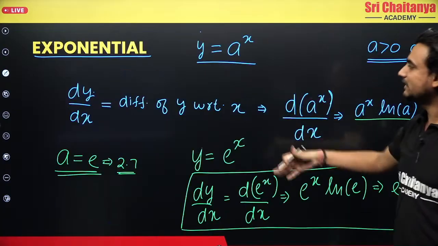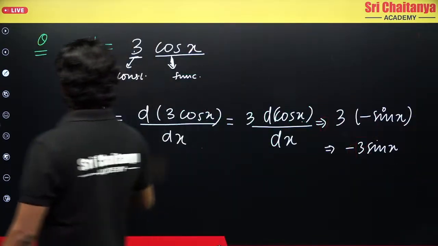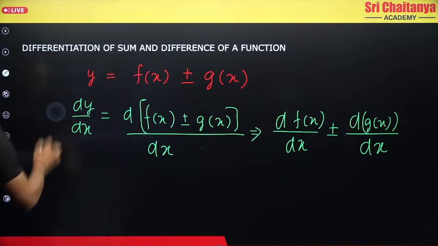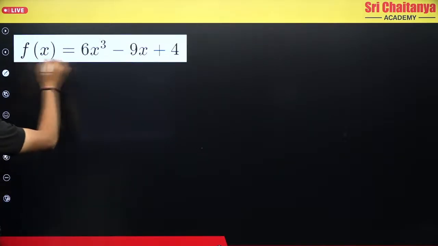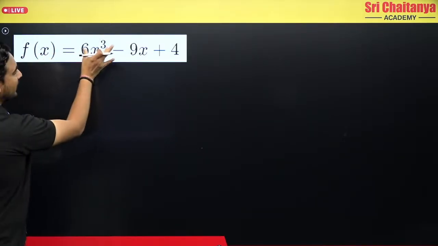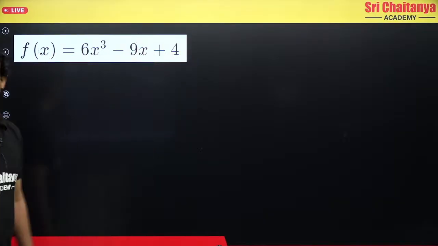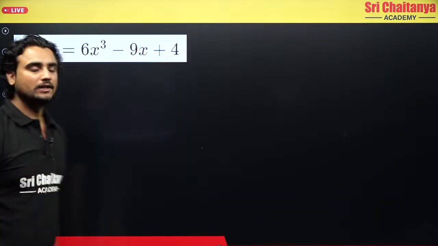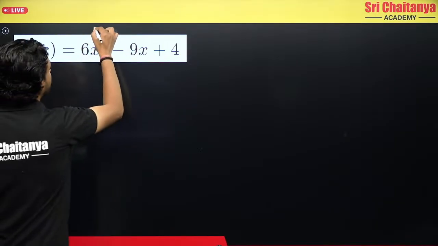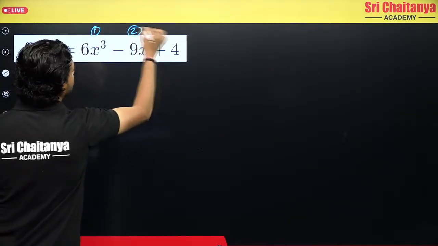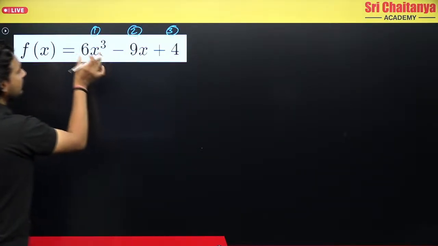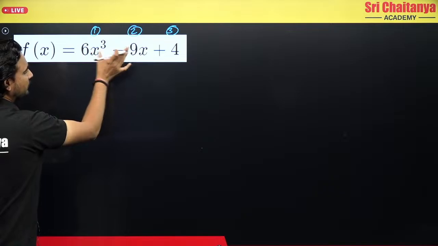Let's understand this by taking an example. Let's say I have f(x) equal to 6x cube minus 9x plus 4. How many functions do I have? I have three functions, where this is subtraction and this is addition.